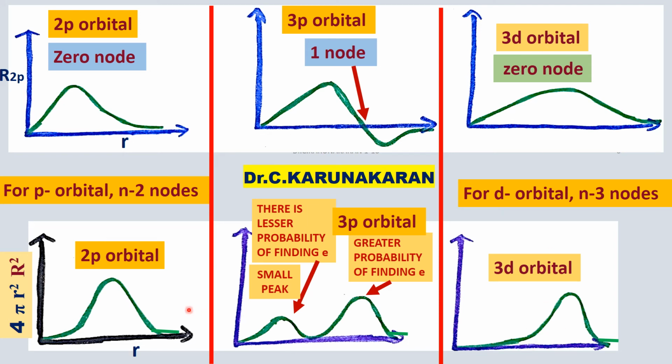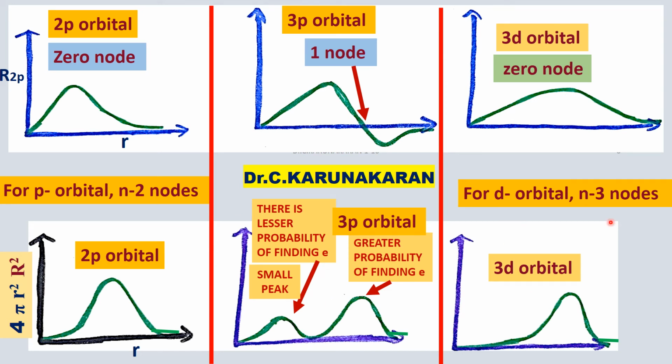As you see here, in the 3d orbital the electron is far away from the nucleus, whereas in the 2p orbital the electron is close to the nucleus. Therefore the 2p orbital has greater penetrating power, and s orbitals, being very close to the nucleus, have even greater penetrating power. We will see again further.